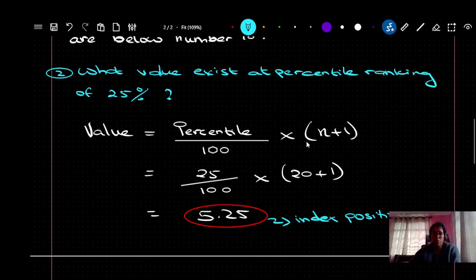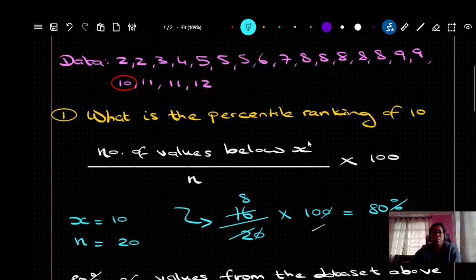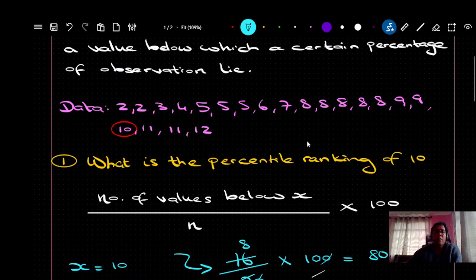Where is index position 5.25? 1, 2, 3, 4, 5, 6. It's somewhere here, between two numbers. How do we calculate the value at this point?